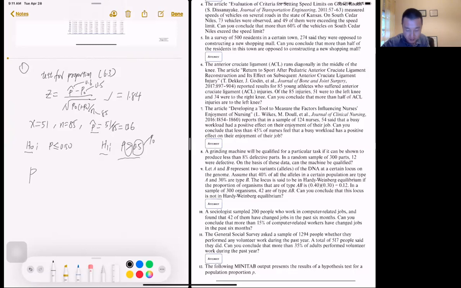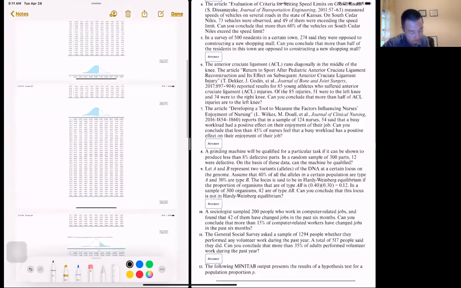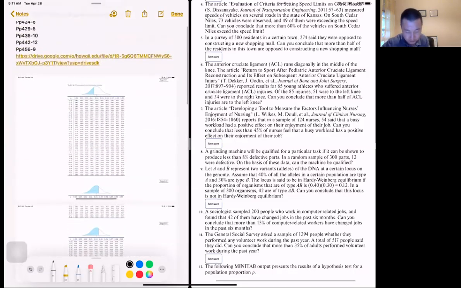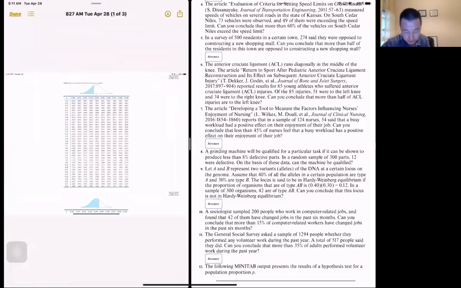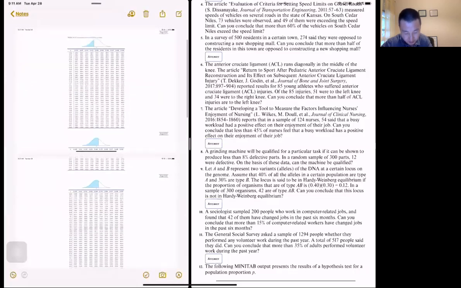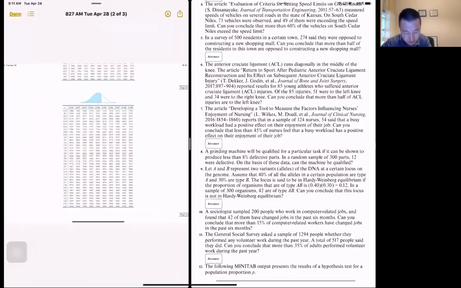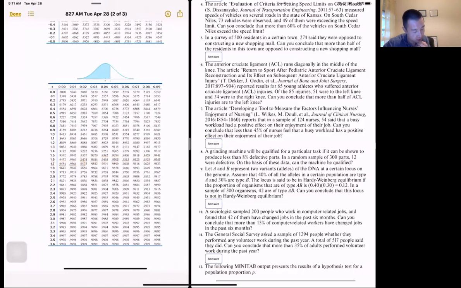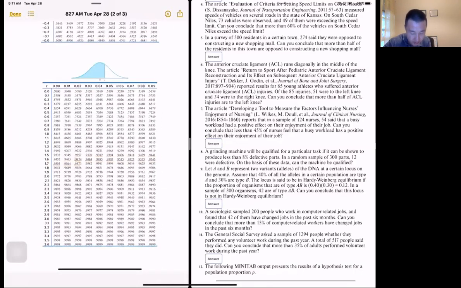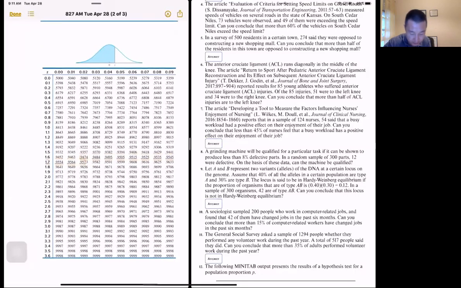The z table is here. So 1.84: 1.8 is the row value, and in the z table for 1.84 we get 0.9671.